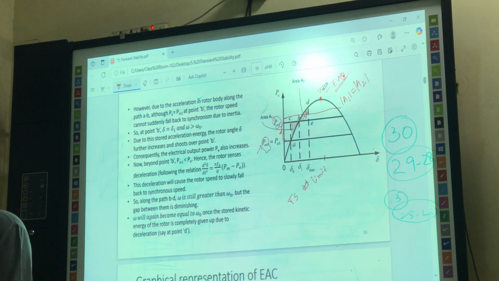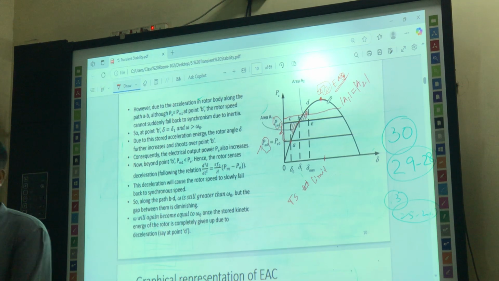It is the limit only for the steady state case, which is why it is called steady state stability. For the small disturbance region, if we go to this side, it will be unstable. But the transient stability limit is different, and we haven't yet found it. Today we will calculate whether we can go beyond this or not. That is the main idea.